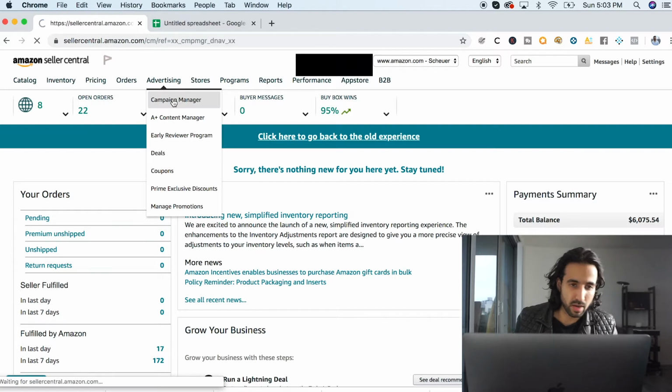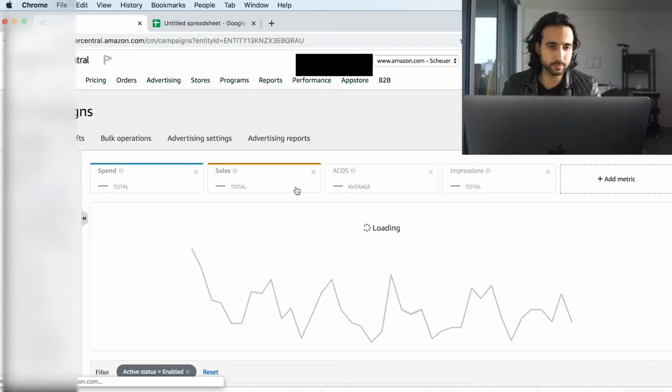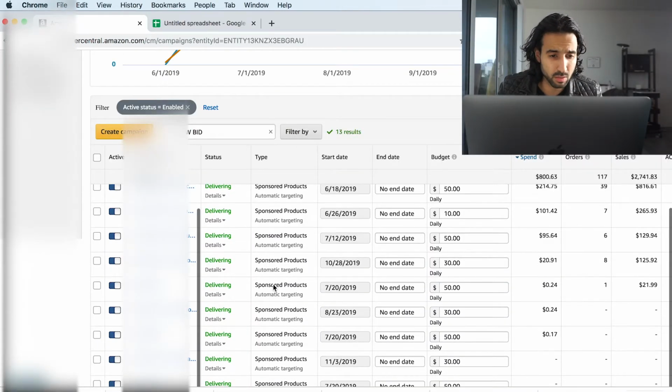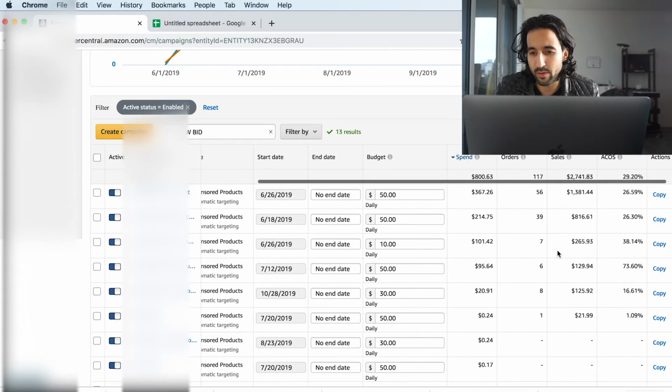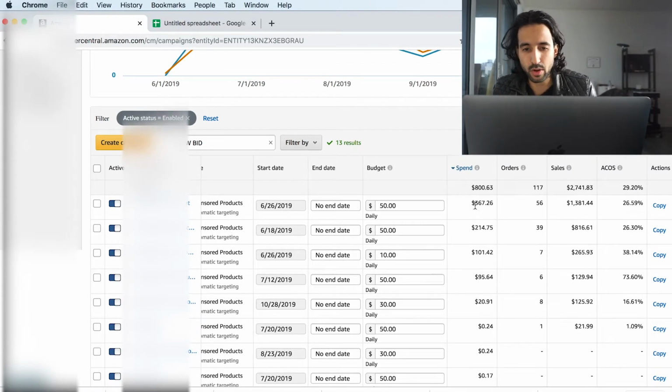So we're going to go to Campaign Manager, and I'm going to show you guys a couple of examples here. Here I have one. Look, I spent $367, I sold 56 units, and I generated $1,381 in sales at an ACOS of 26%. Okay, here's another one. I spent $214.